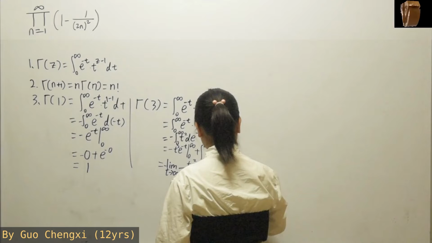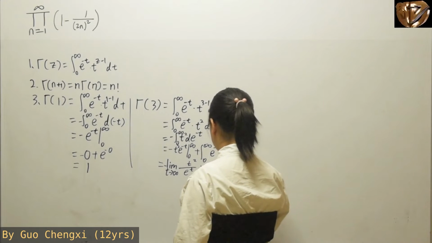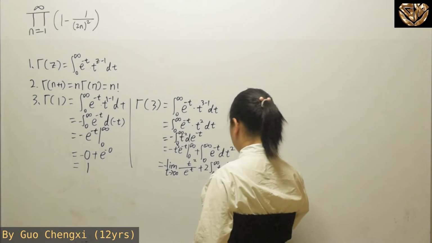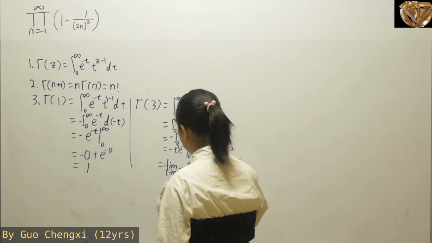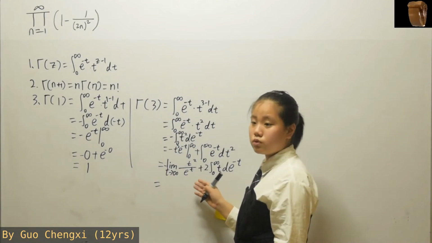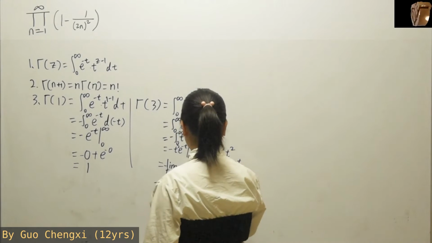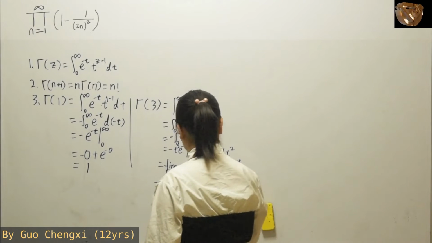Over here you can use another integral by parts since there's still another t. So it will be like this, but if you're wondering what happens to this part, you can use L'Hopital's rule, and since you put it in again, here you have a minus instead.